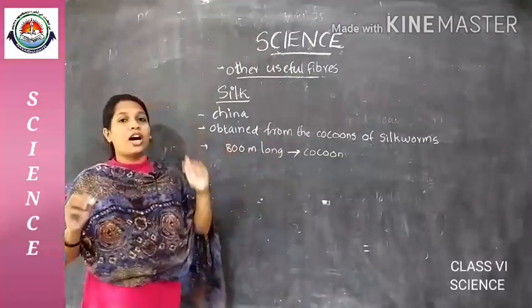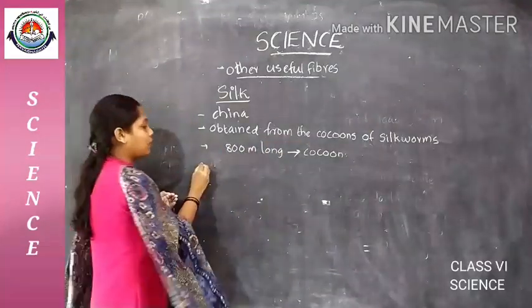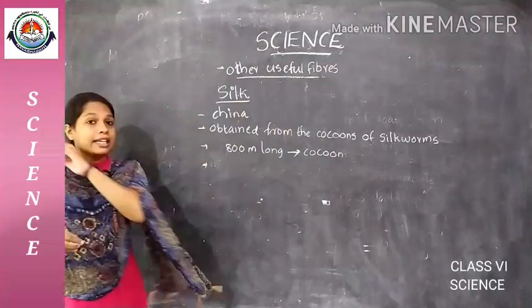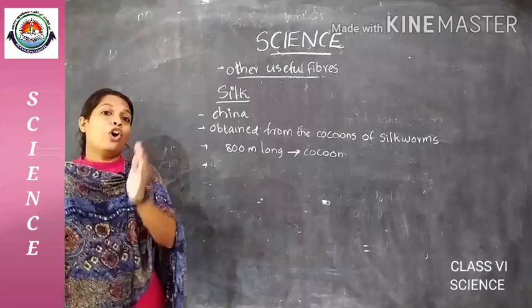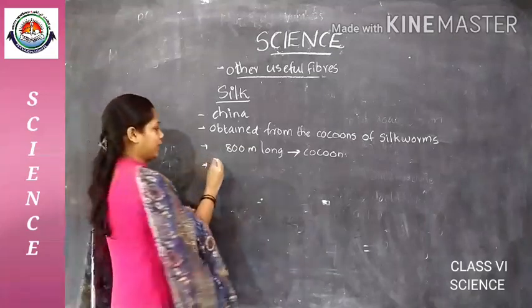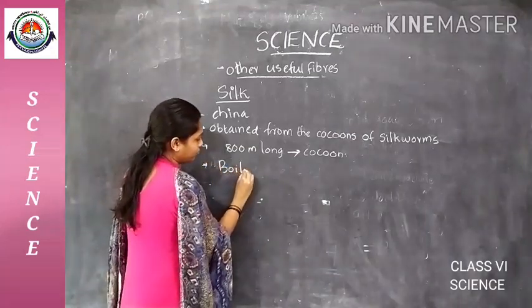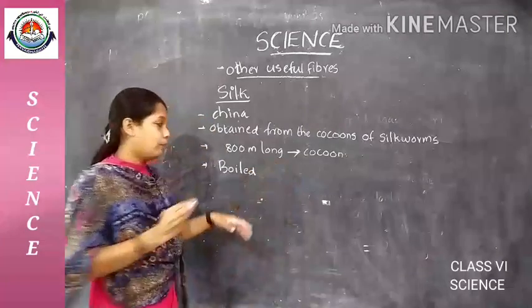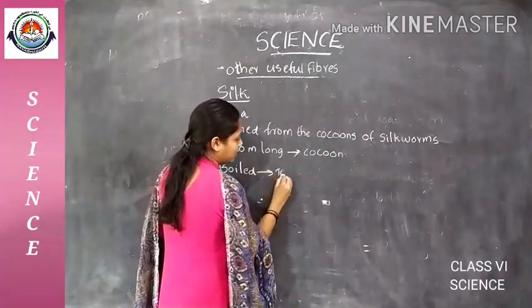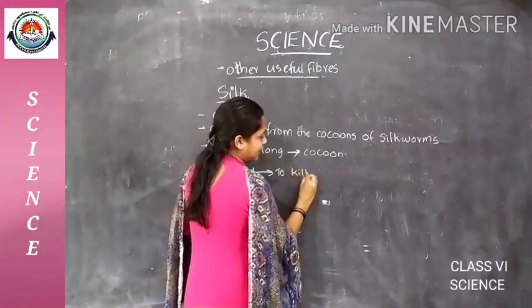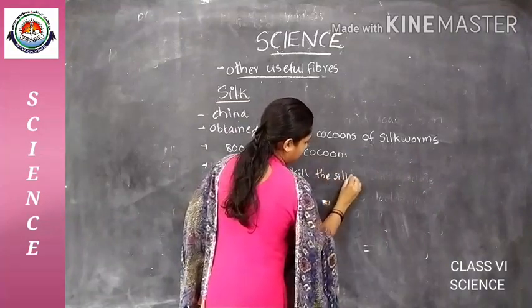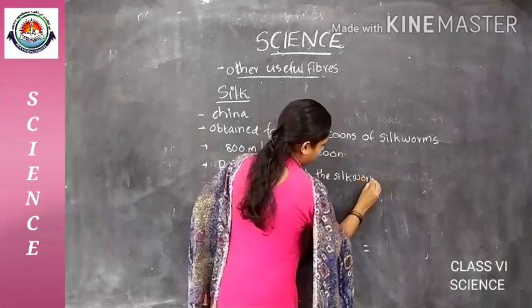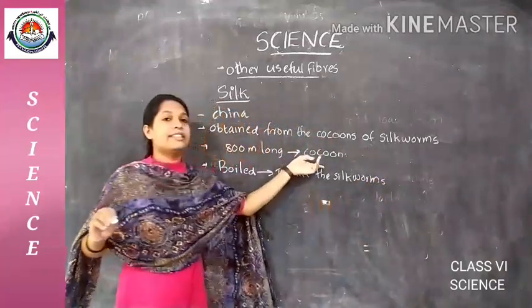Then the cocoons are collected, that is, the silkworm is reared and the cocoons are put into boiled water. The cocoons are boiled to kill the silkworms, because we need only the cocoons.